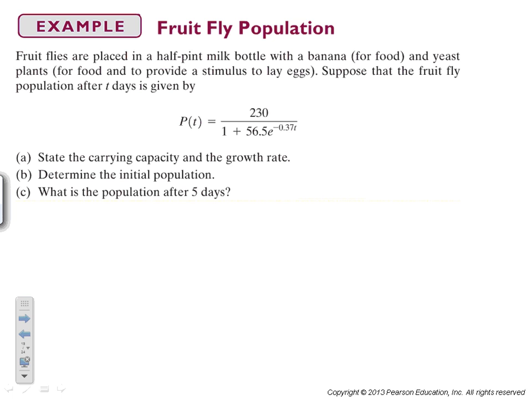So here's an example. We got fruit flies. We're going to put them in a half-pint bottle of milk with some food, and we're going to have them modeled by this equation. 230 over 1 plus 56.5 e to the negative 0.317t, divided by the quantity.